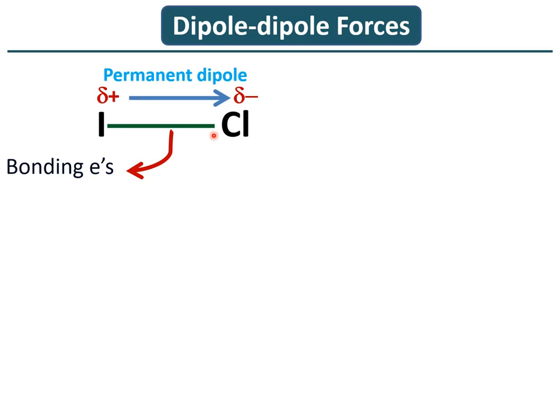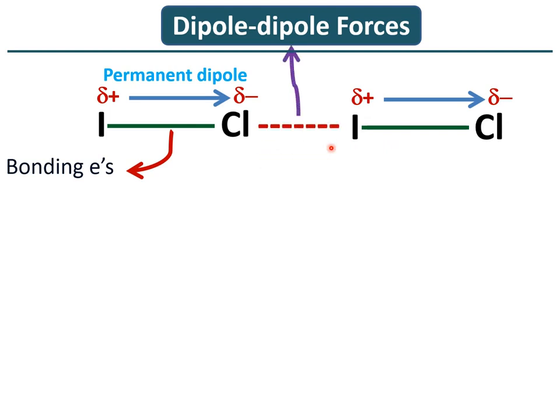If we have another molecule of ICl, it should have the same polarization. Look at this interaction between the chlorine, which has the sigma negative, and the iodine, which has the sigma positive, but in two different molecules. So this is the intermolecular force, or what we now call dipole forces, because it originates between two dipoles.